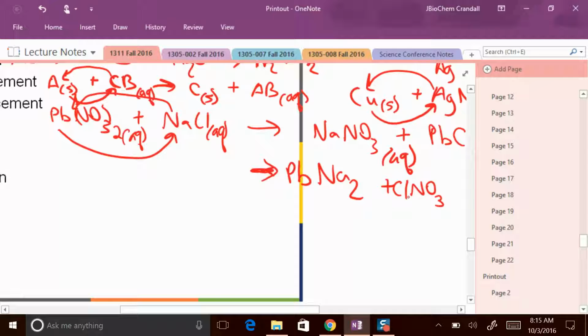Or chlorine nitrate. Why can't I have that? Why can't I have this or this? Because of what? Well, the valence electrons might have something to do with it. But what has more to do with it is what kind of ion is lead? Cation. What about sodium? Okay. So now, do you see why?